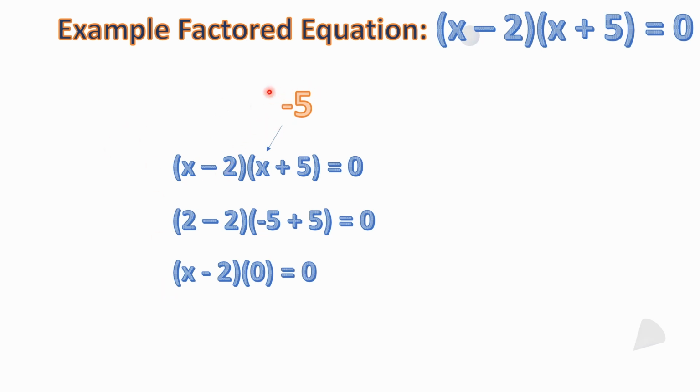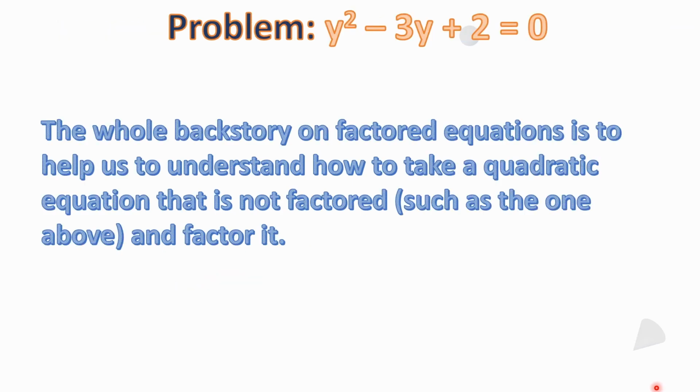We said one of our other solutions could be x equals minus 5. If you substitute it in, minus 5 plus 5 in this expression turns that expression into 0 right here. 0 times the quantity x minus 2 equals 0. So those two solutions work out. We verified our equation and then the solutions.